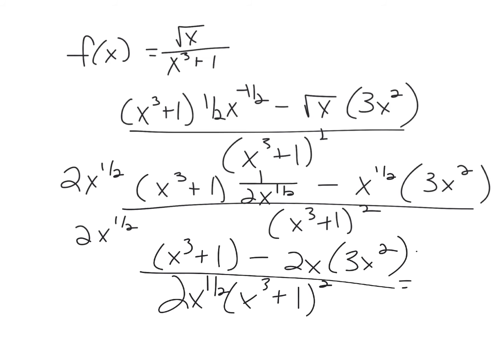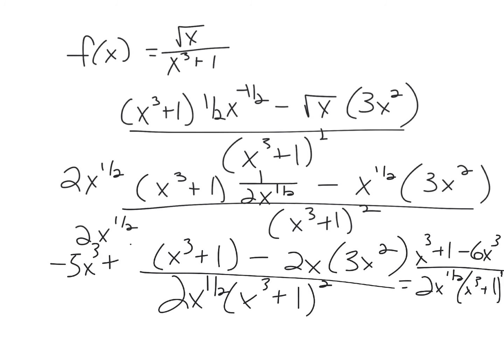That's going to get us x to the third plus 1 minus 6x cubed all over our whole denominator here. And subtract, we're going to get negative 5x to the third plus 1 all over 2x to the 1/2 times quantity x to the third plus 1 squared.